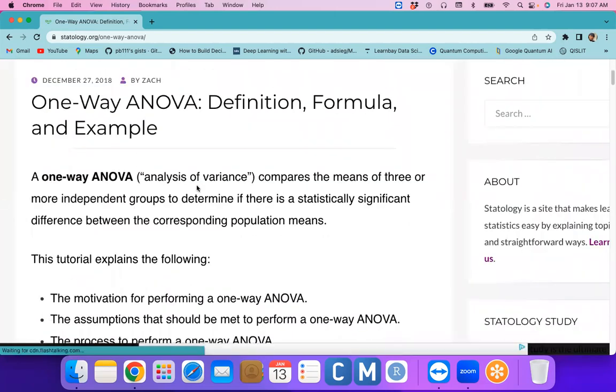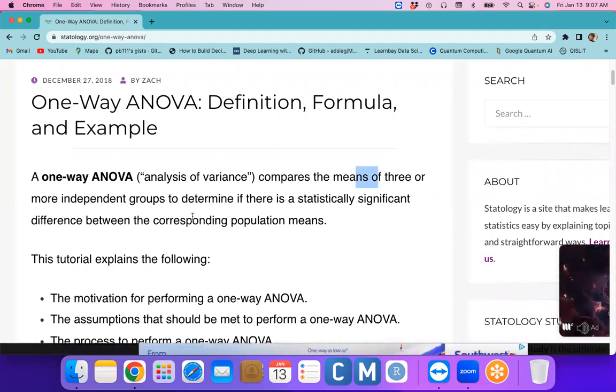To compare the means of three or more independent groups, you might be thinking, right? Previously we had only one or two groups.